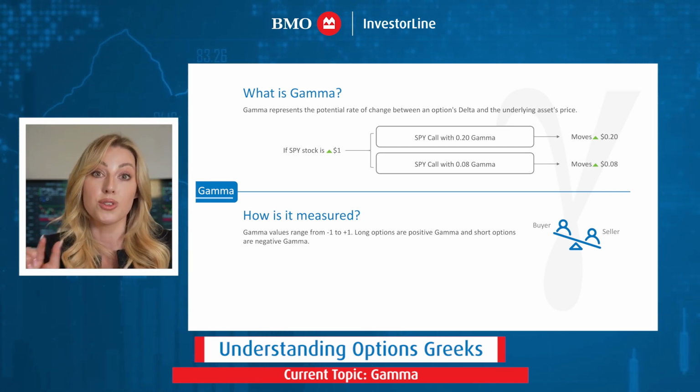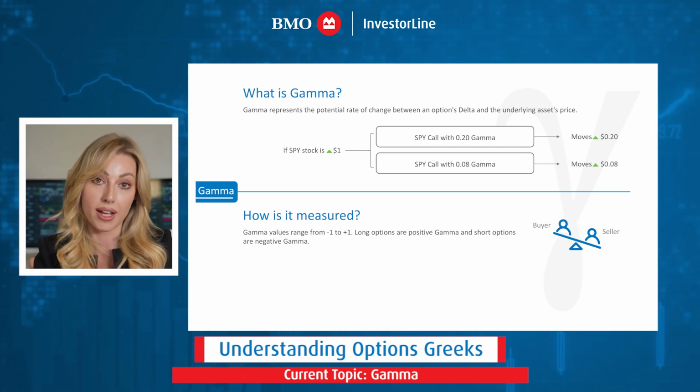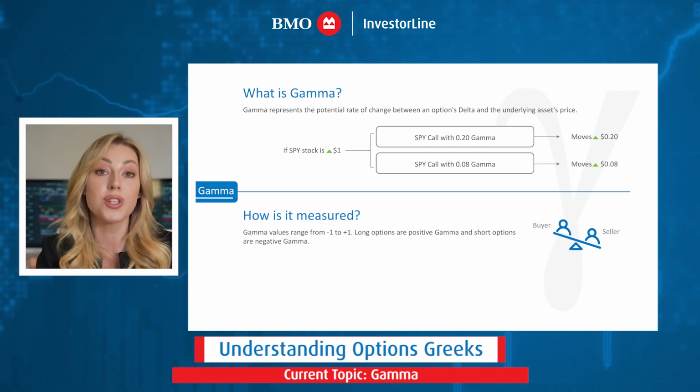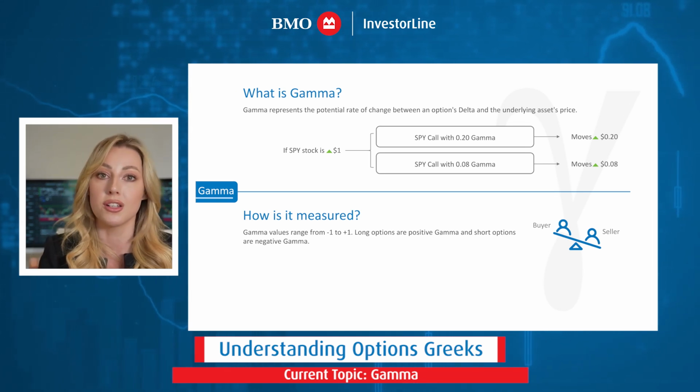So that means delta's new value would be increased by 20 cents. And if it's a 0.08 gamma, then delta's new value would be increased by 8 cents. So gamma just tells us new delta.